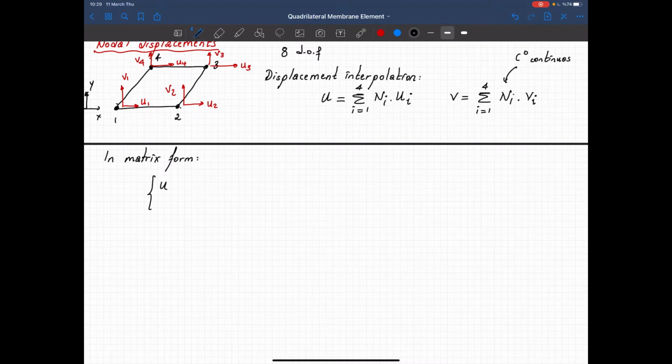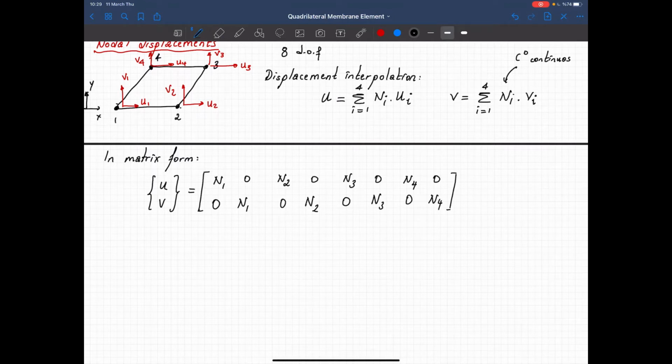So here, displacement in x direction and the displacement in y direction is equal to N1, 0, N2, 0, N3, 0, and N4, 0, in the first row, and 0, N1, 0, N2, 0, N3, 0, and N4 in the second row, and I have the nodal displacements u1, v1, u2, v2, and so on.